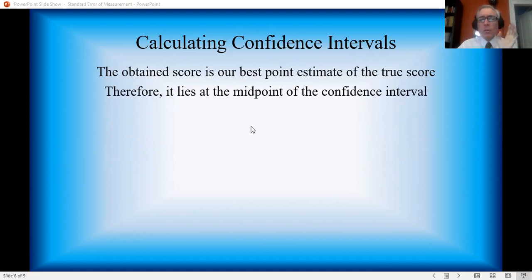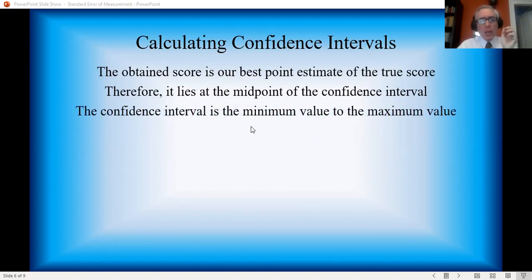There is an exception to that, which is more advanced than we need to worry about. Some of the commercially published IQ and achievement tests use a slightly different procedure, but fundamentally, it's still the same idea.